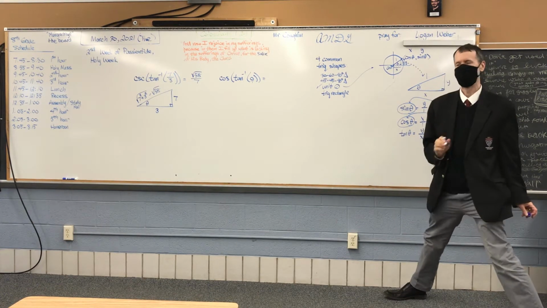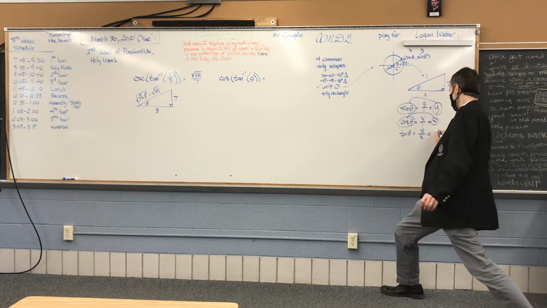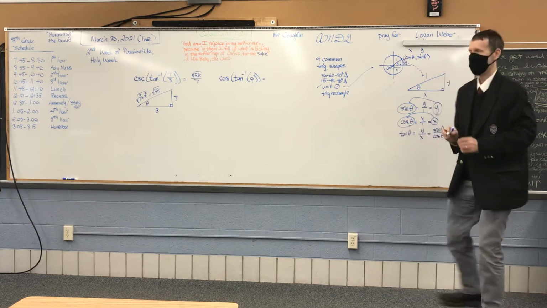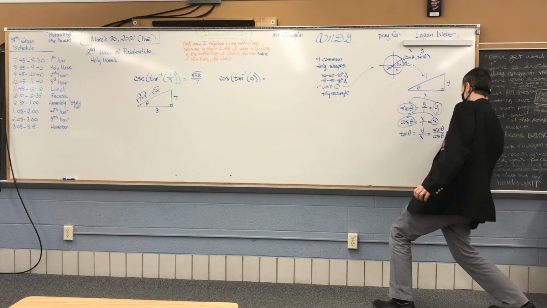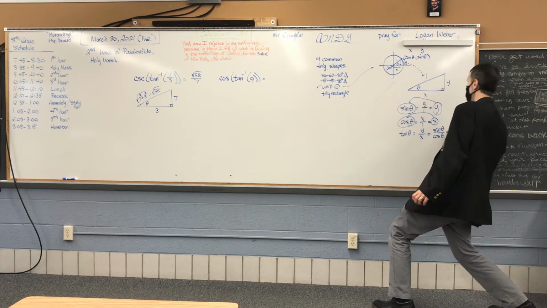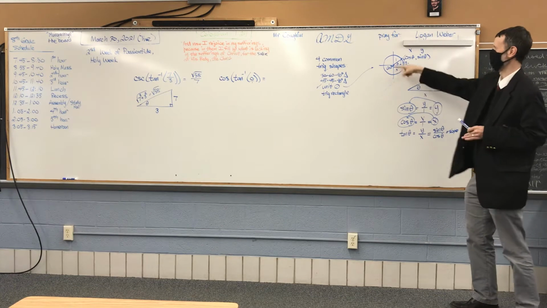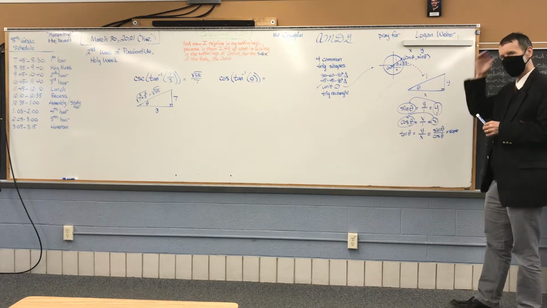What is that? Sine over cosine. It's sine over cosine. Remember that? That's where it came from. And it's also equal to slope. The slope of the radius is the tangent, which is because it's rise over run, y over x.